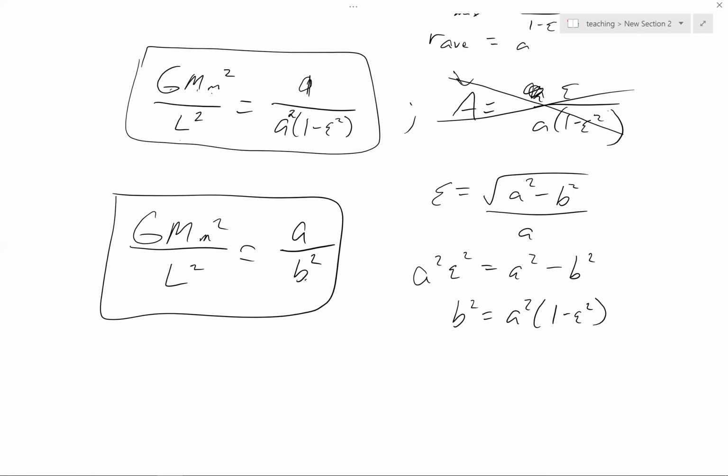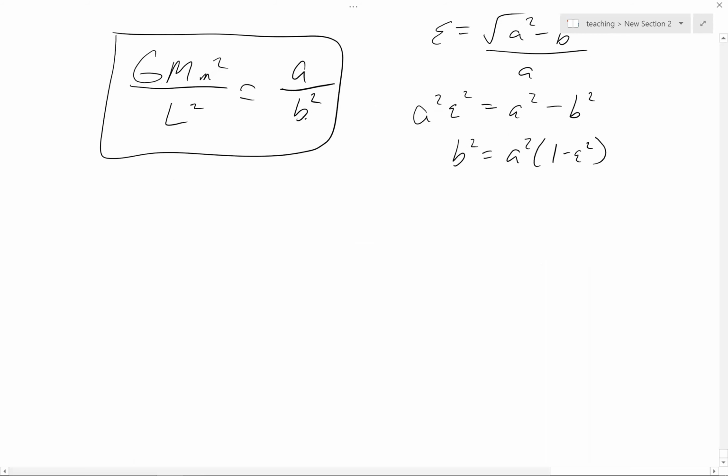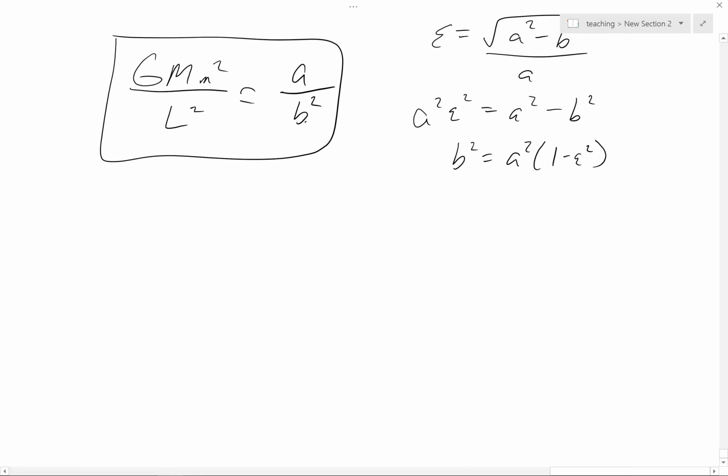How does this help me? I'm going to think back to the second law real quick. We got that the change in area dA/dt was 1/2 r cross v, which we could rewrite in terms of angular momentum as L over 2m.